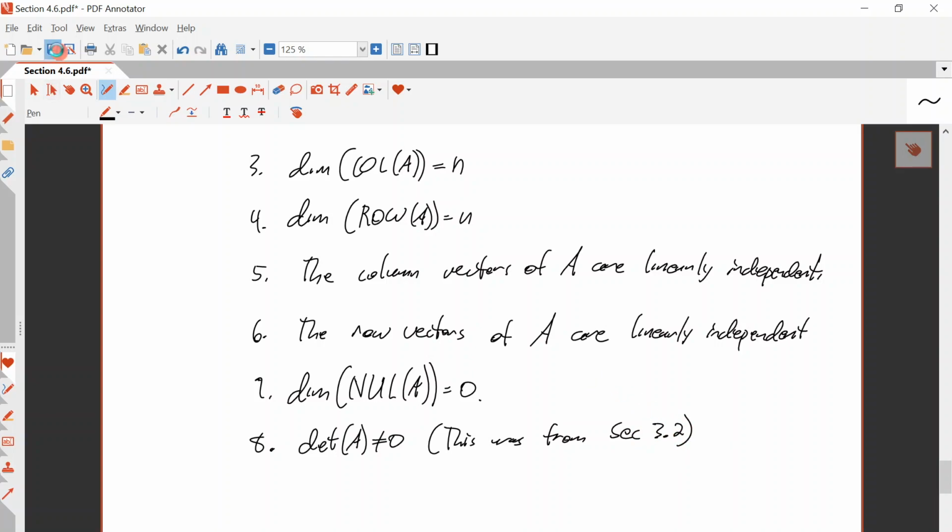So determinant not 0, rows are linearly independent, columns are linearly independent, row space has dimension n, column space has dimension n, null space has dimension 0, all these different things. All right, so that's the end of the lecture for this section.